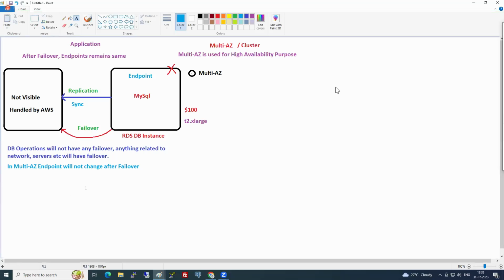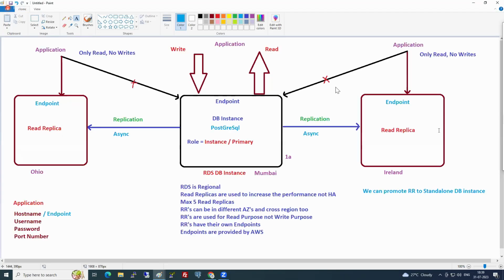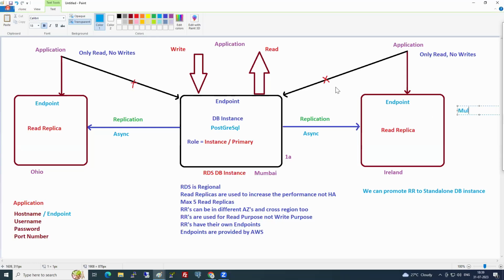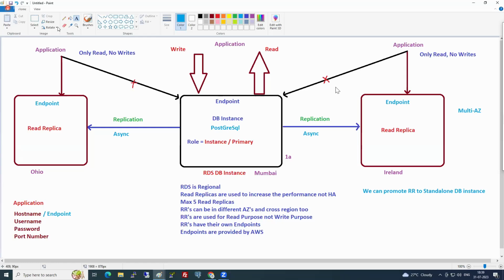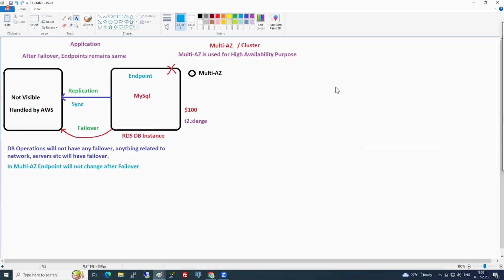And guys, can you enable multi-AZ for your read replicas? Yes, it is high availability, right? For read replicas also, can you enable multi-AZ if required? Yes, multi-AZ is nothing but high availability. If something goes wrong with this read replica, you have a standby. So you can enable multi-AZ for your read replicas also.